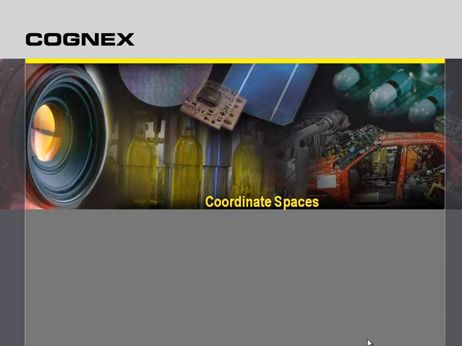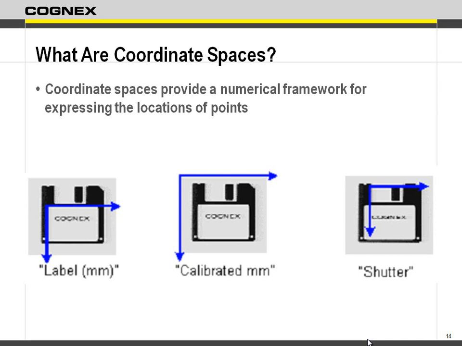Okay, so let's go ahead and do coordinate spaces. So what's a coordinate space? Well, a coordinate space is going to give us a numerical framework so that we can express the location of our points as well as the difference between them. Okay? So they could be calibrated, like I could say I'm going to calibrate it to millimeters, but I'm also going to base it from where this label is.